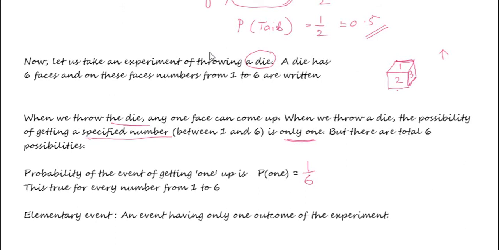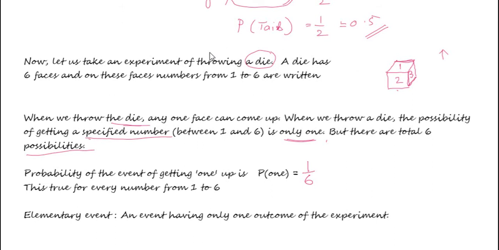But if I have written numbers 1 to 6 on these faces, and if I want number 1 to appear when I throw the die, then the possibility is only 1. But there are totally 6 possibilities. That is either 1 can come up or 2, 3, 4, 5 and 6. So total possibilities are 6. But any one specified number I want, that possibility is only 1.